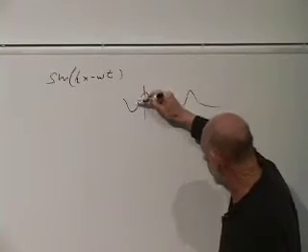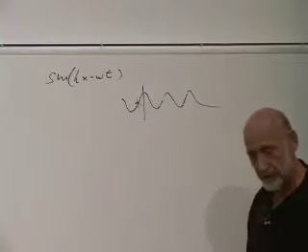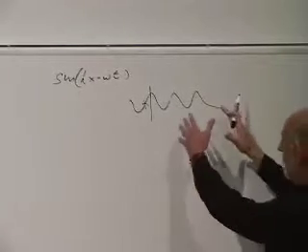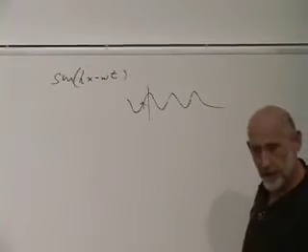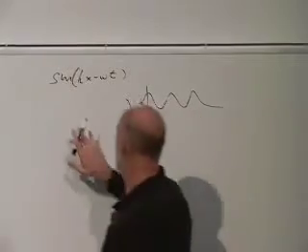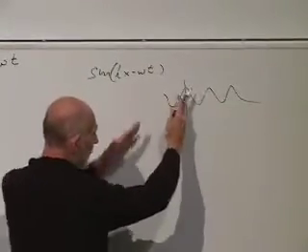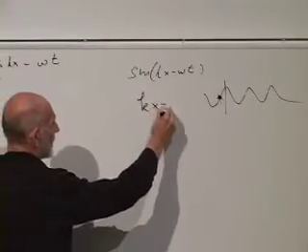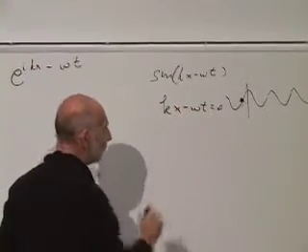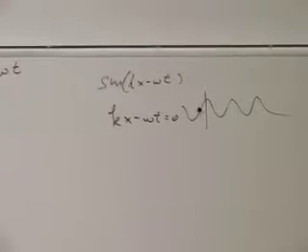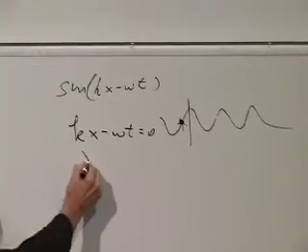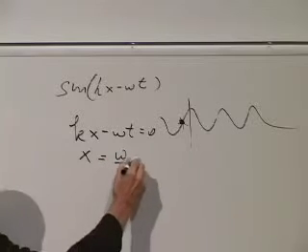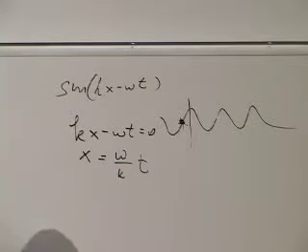Okay, but where is the sine wave after a certain amount of time t? That point here has moved to the place where kx minus omega t is equal to 0. Where is that? That's at the position x is equal to omega over k times t.